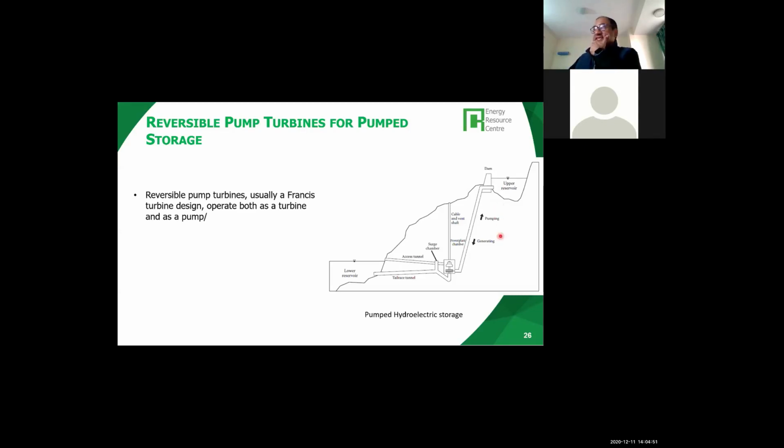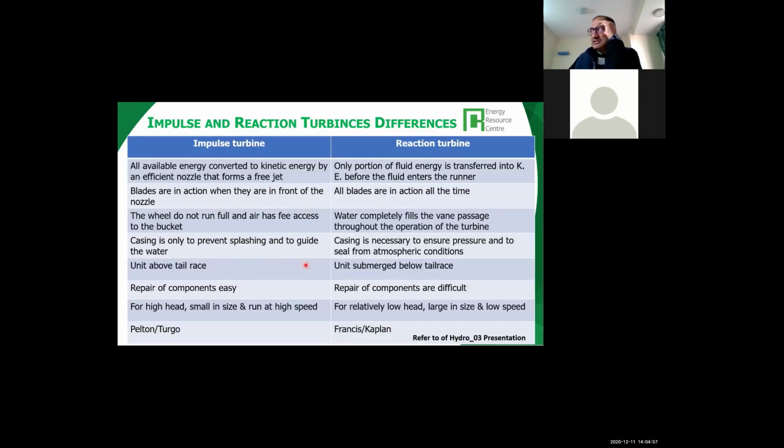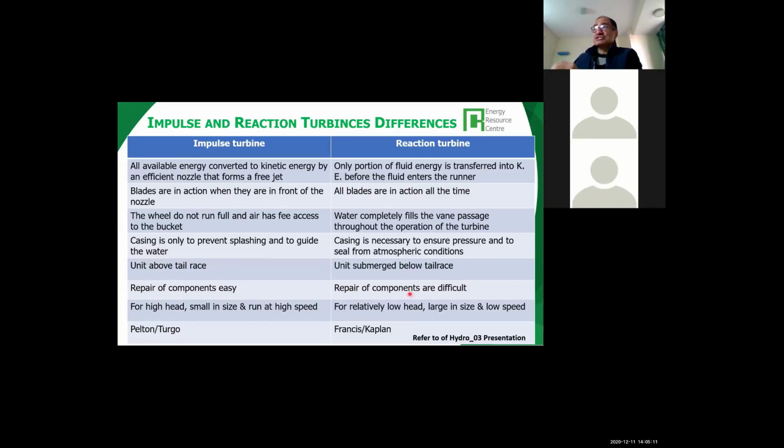Okay. So these are the reversible pump turbines for pump storage projects also. Also, this is just a repetition of the previous lecture, Hydro 3, but I wanted to mention this here because when we select the turbines, we should know the differences between the impulse and the reaction turbines.